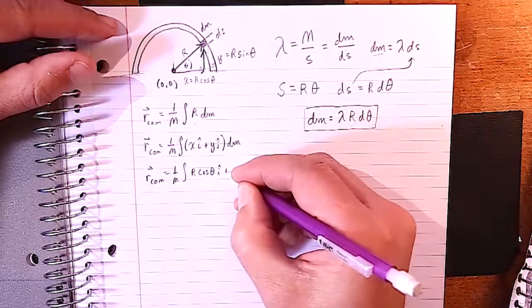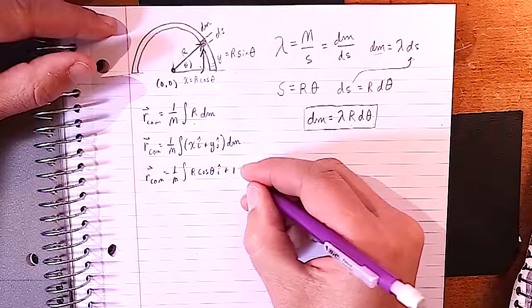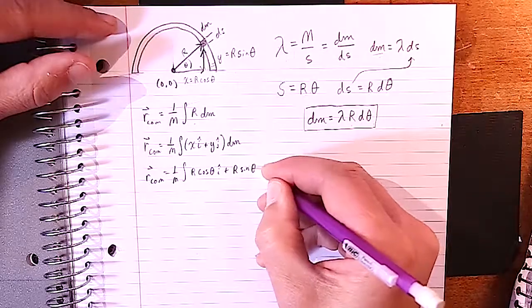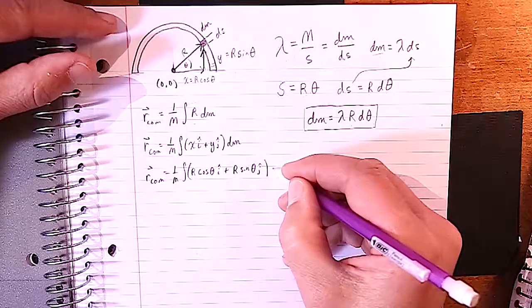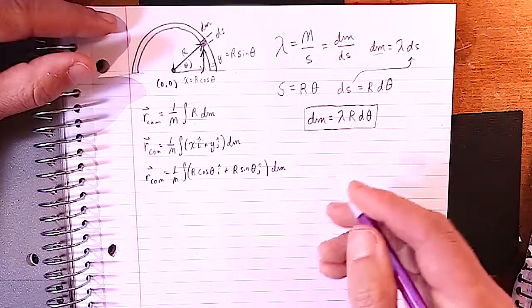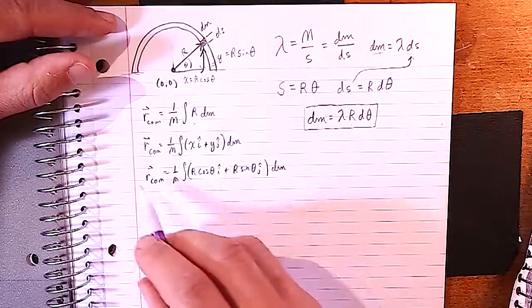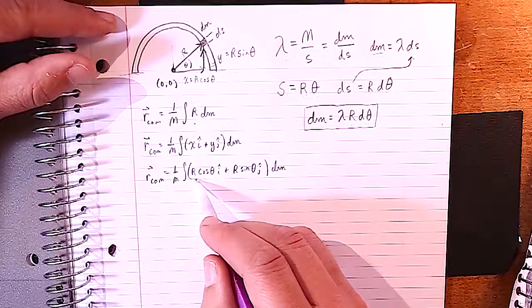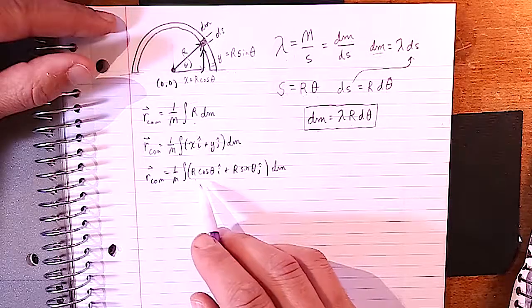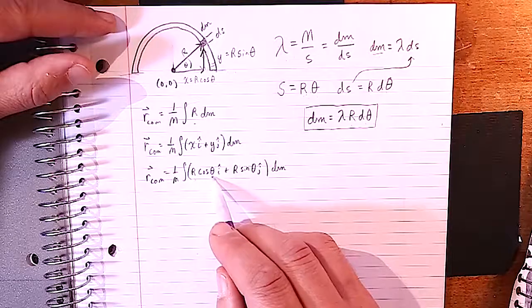And then we have our y, we know, is r sine theta j hat, and all of that with our dm. But you can see we have a problem here, because what is changing? Well, r is a constant, so we can factor that out, which we'll do in another step. But theta is changing.